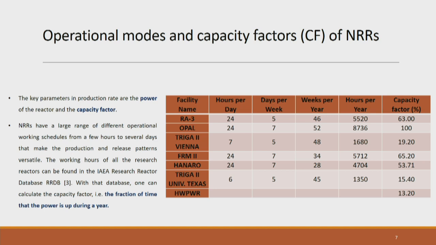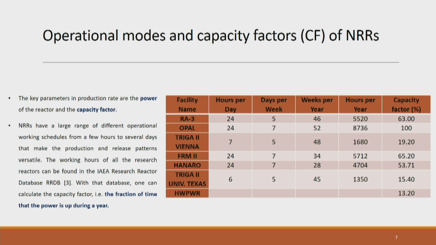Nuclear research reactors have different operational schedules from a few hours to several days. By knowing the working hours of the nuclear research reactors, we can calculate the capacity factor, that is a fraction of time that the power is on during a year.